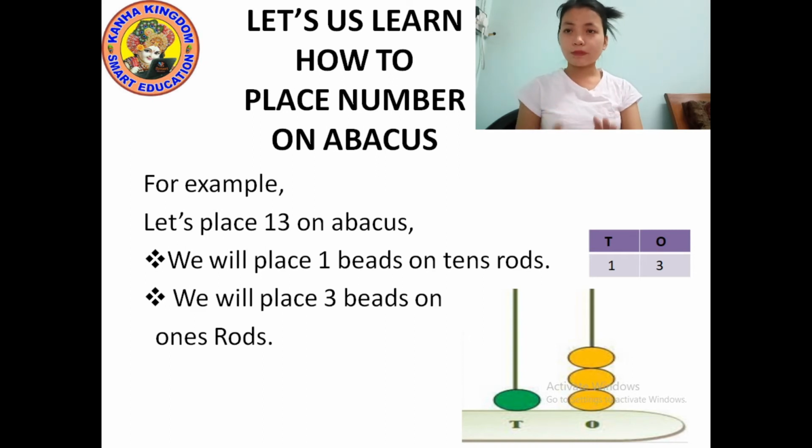The rods on the abacus stand for ones and tens. The right side rods stand for ones and the left side rods stand for tens.